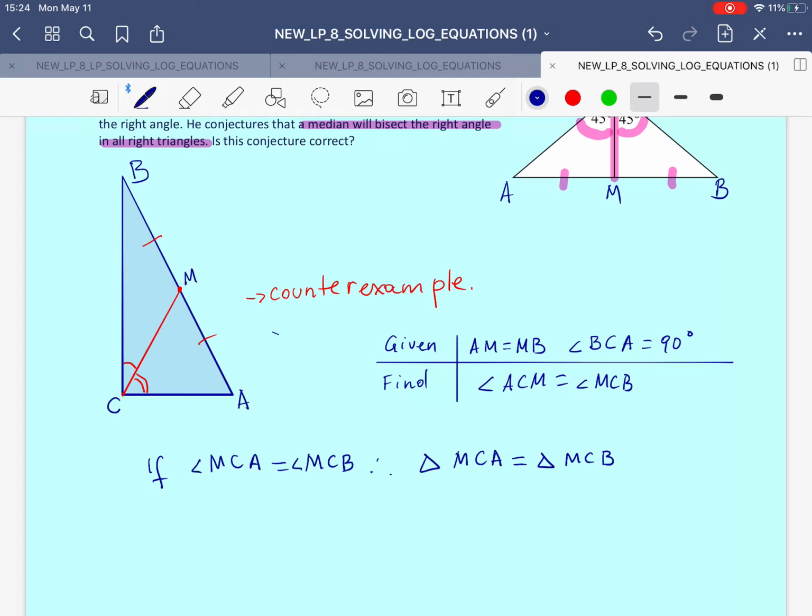Well, is that true? To start with, they do have a common side. They need to fulfill three conditions, right? So they have CM as a common side. And they also have two sides that are equal to each other. So BM equals AM, because CM is a median.